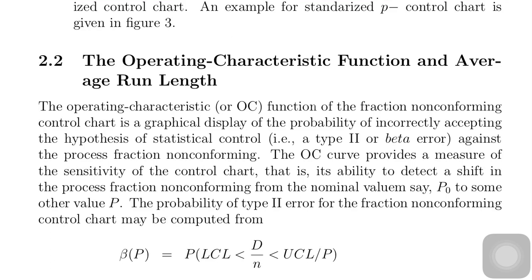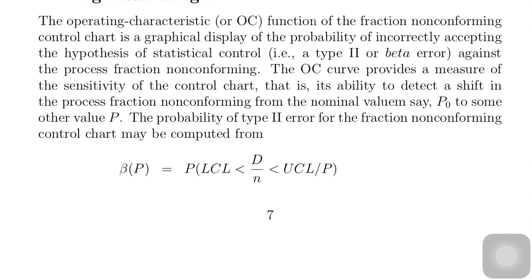For the fraction defective chart, or P chart, the OC function may be defined like this: it is equal to beta of P, where beta is the notation used to express the type 2 error. So beta of P is equal to the probability that the charting statistic lies between the lower control limit and the upper control limit.